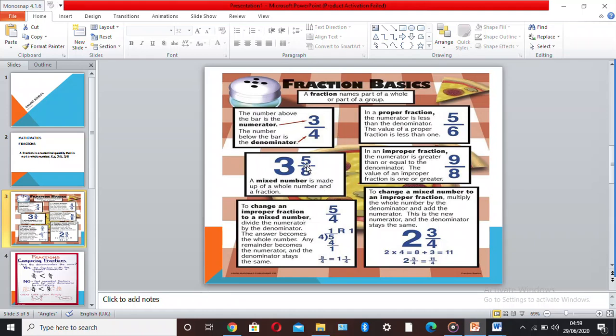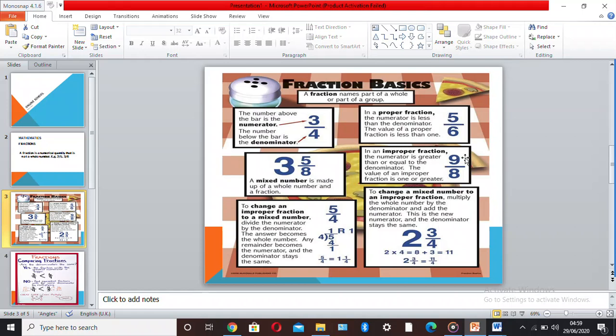Then we have a mixed fraction, or mixed number as it is called. A mixed number is made up of a whole number and a fraction. It is called mixed because there is a whole number and there is a fraction next to it, compared to a proper fraction where we just have a numerator and denominator.